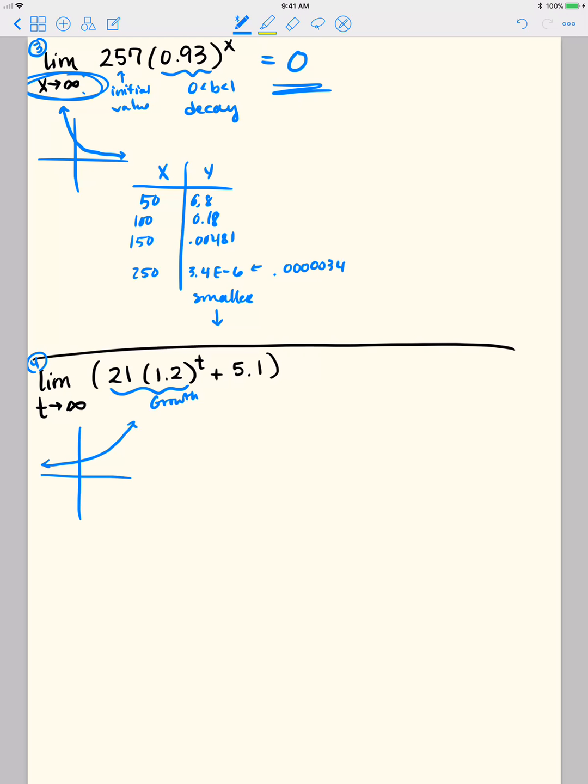So if you look at this problem, as t goes to infinity, you end up with 21 times 1.2 to the t power plus 5.1. It's growing, and the 5.1 is just sort of a little extra. So as t approaches infinity, the function's behavior goes to infinity.